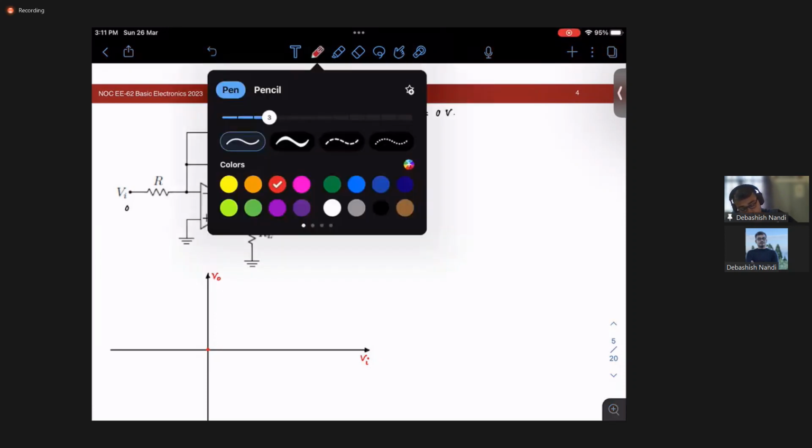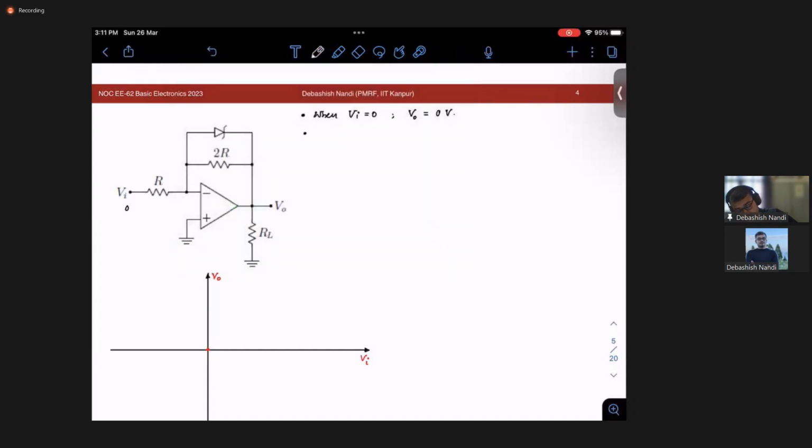Now let us see what will happen when I increase Vi. Vi is greater than 0 and I increase it, right? What will happen? Earlier my V naught was 0, right? For this diode to start conducting, it requires a certain amount of voltage.